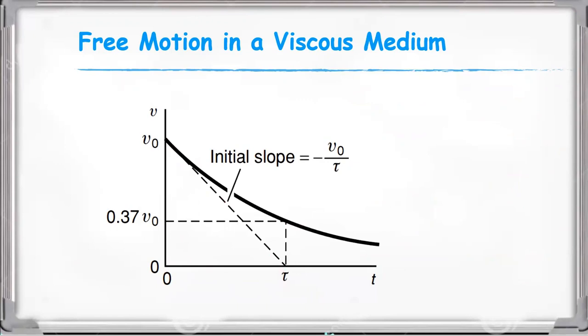At a particular time, t is equal to tau, the characteristic time, the velocity becomes 0.37 into v0. Okay. The initial slope must be equal to v0 divided by tau.